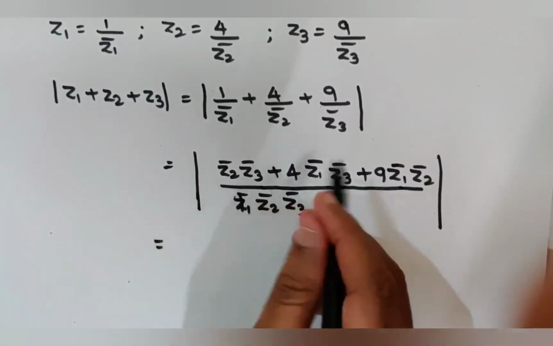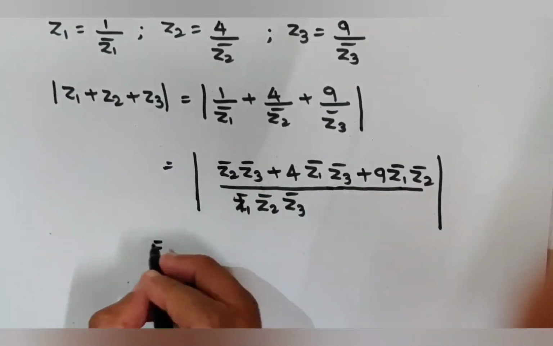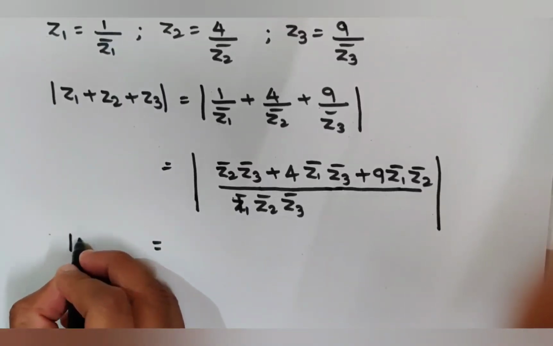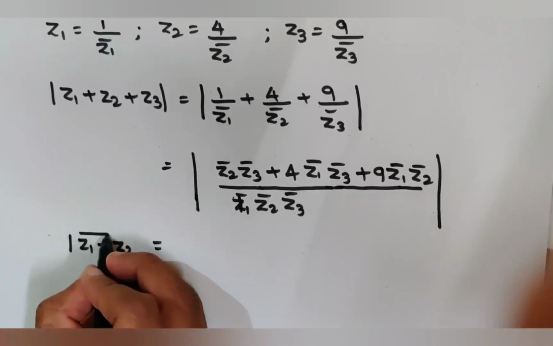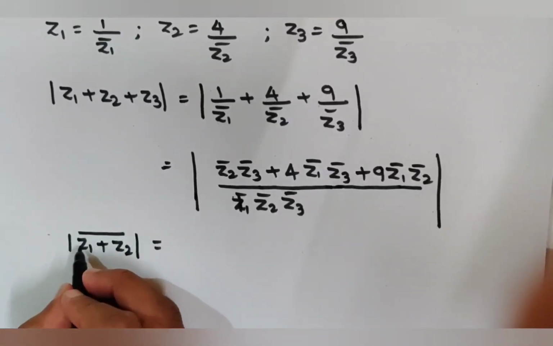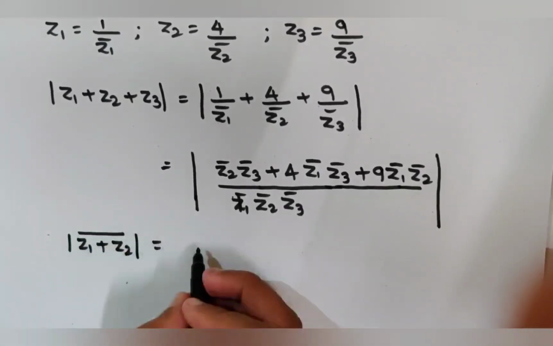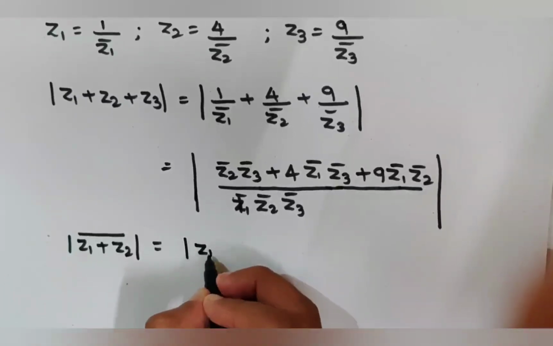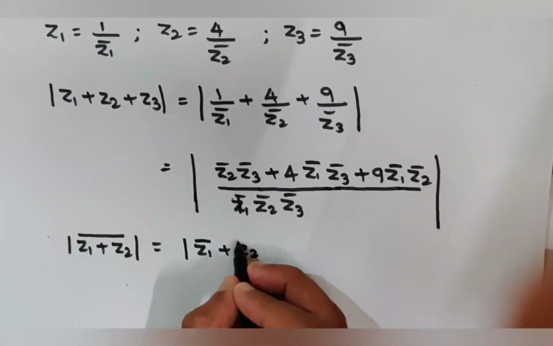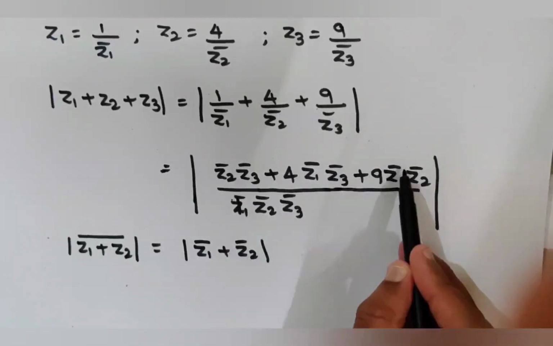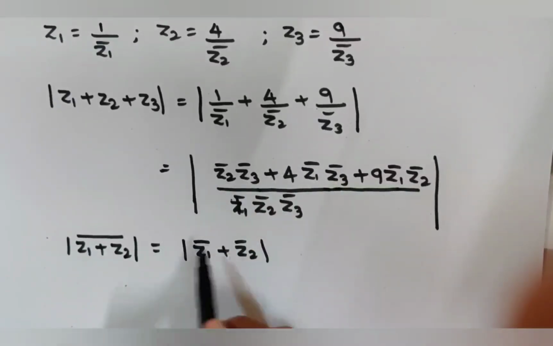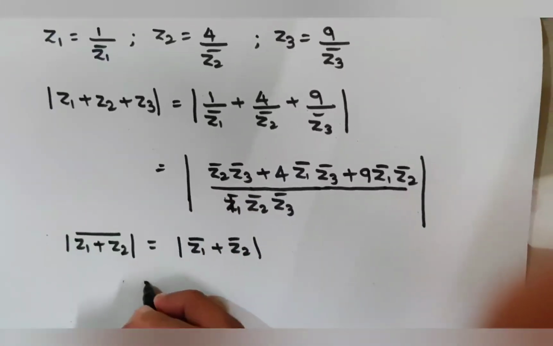Here there is one property: modulus of z1 plus z2 the whole bar can be written as z1 bar plus z2 bar. Here there are individual conjugates. I'm going to write the overall conjugate.